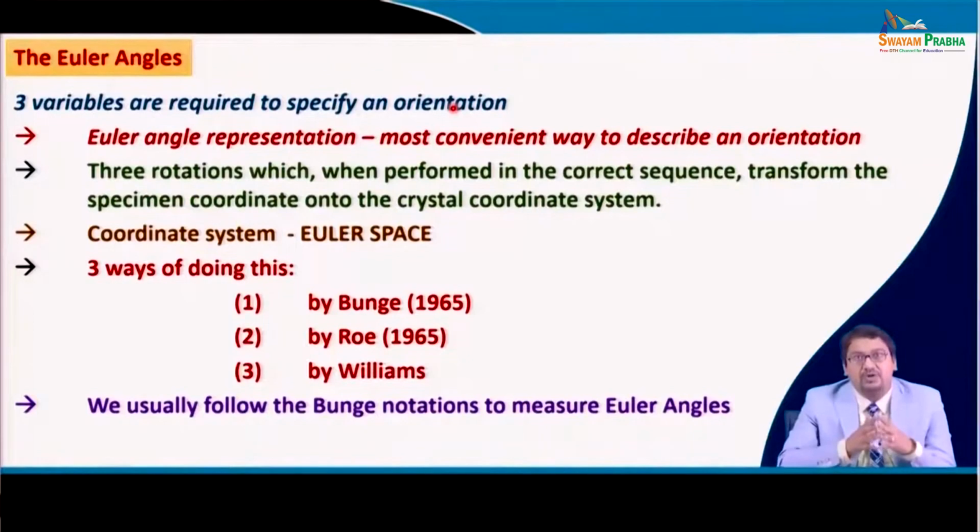Now, why are Euler angles used? Because the Euler angle representation gives you the information of the texture in 3 variables phi 1, phi, phi 2 instead of 9 variables of the orientation matrices, and therefore, it is a very convenient way to describe the texture.